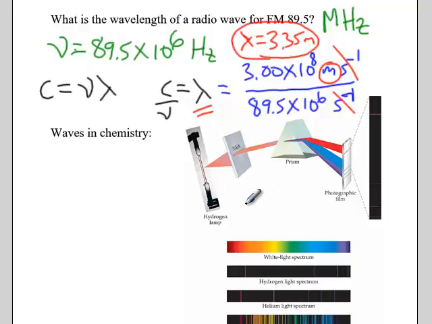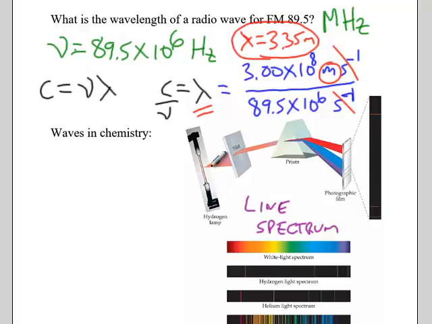On the right side, we have what's called a line spectrum experiment. What we start with is a tube that's full, in this case, of hydrogen gas, and then we apply energy to it.